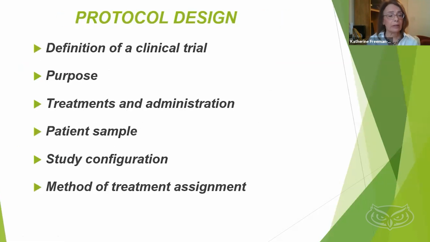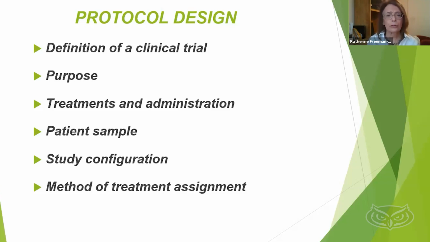And we start with a definition of a clinical trial. And that's really a way of comparing groups that involve human subjects. Typically we're following at least one group prospectively, and the outcomes of these clinical trials would involve health, medical, biological related concerns. We're going to talk about the purpose of the study.